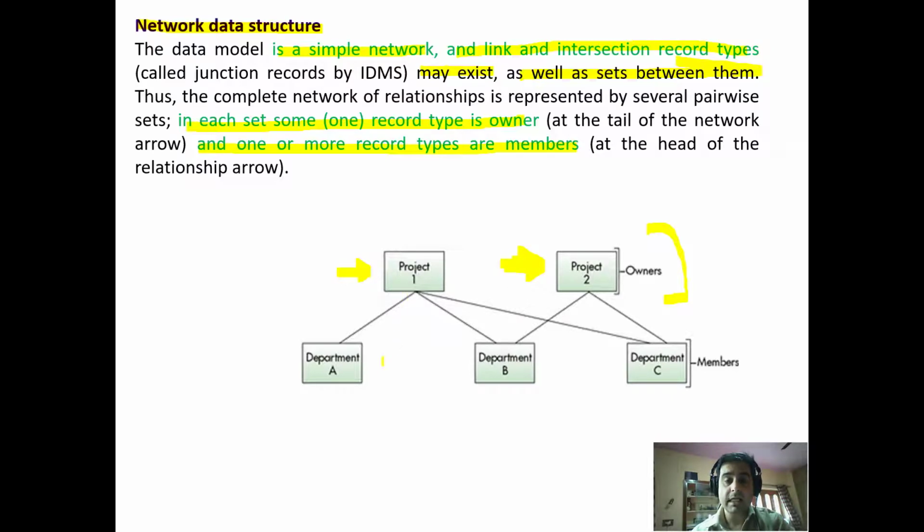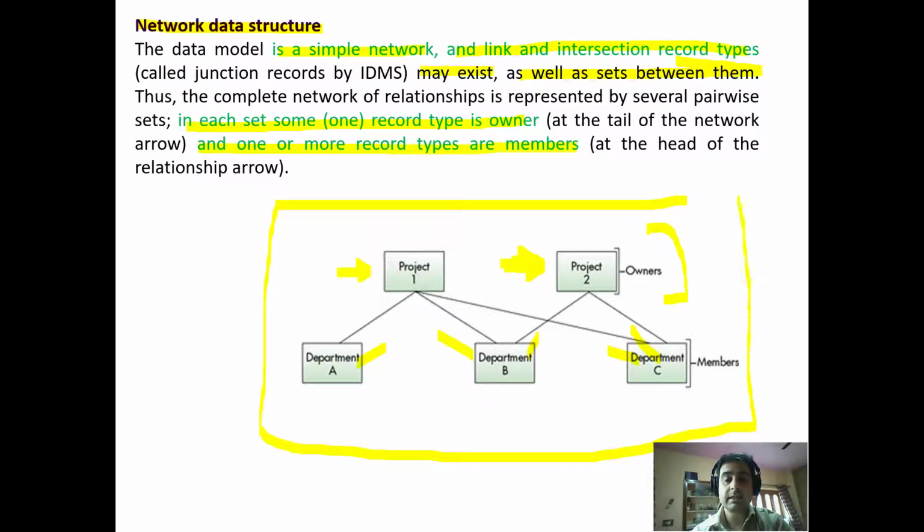Project 1 may have its members from department A, department B, as well as department C. And project 2 may have its members from department B and department C. So this overall forms a network, and sometimes the necessity arises to represent spatial as well as non-spatial data in the form of this data structure called the network data structure.